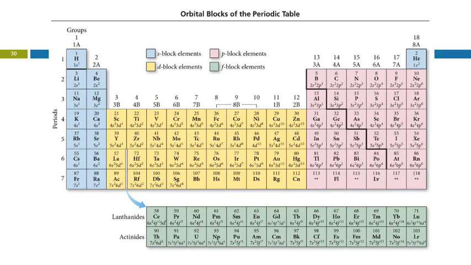Okay, so here's this beautiful, colorful periodic table. These first 2 columns in blue represent S block filling. The pink over here is P, the yellow is D, and the green is F. So how many electrons can be in an S subshell? 2, right?